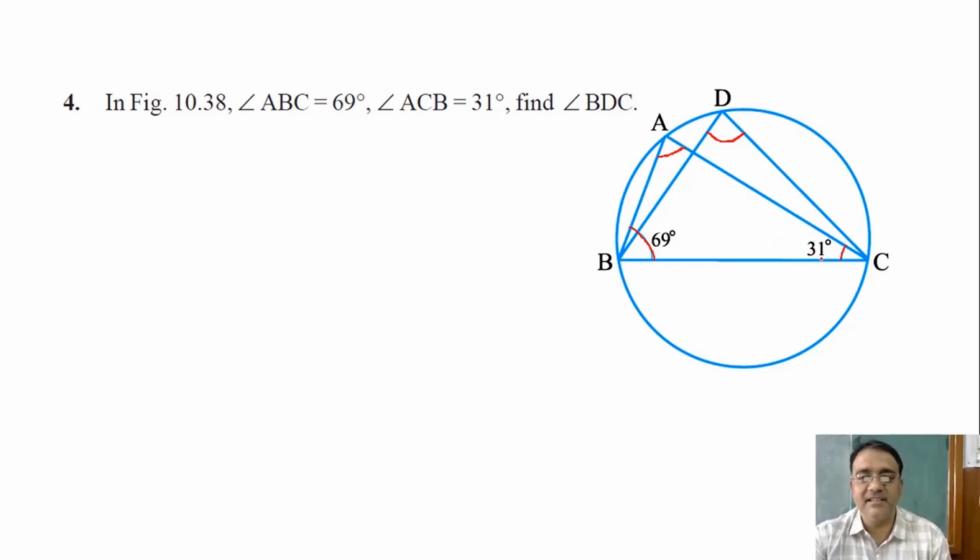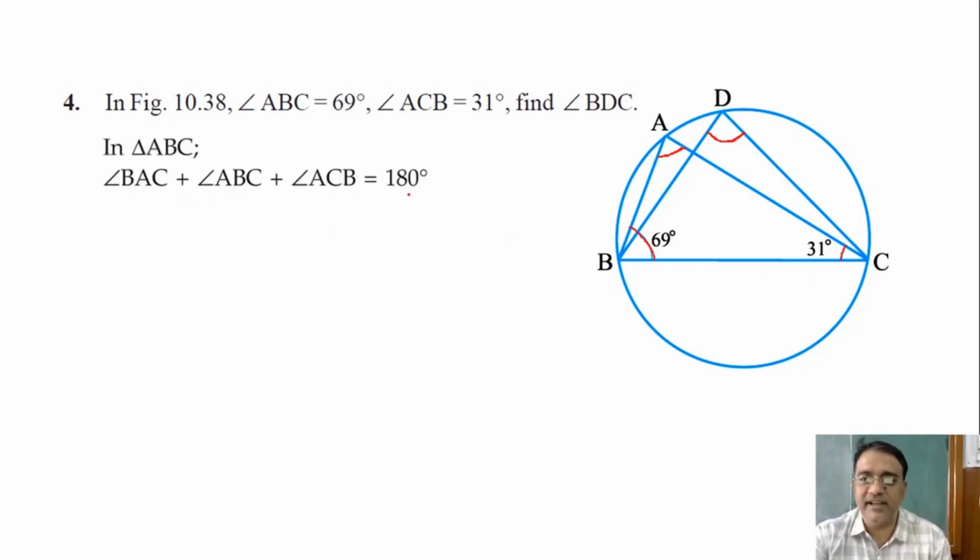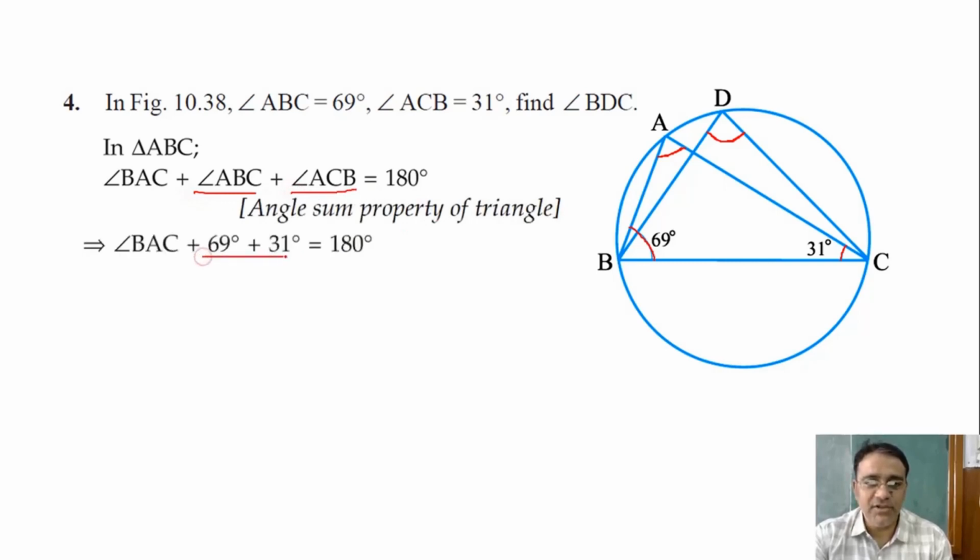Very good. So in triangle ABC, the sum of these three angles is 180 degrees, in which this angle is 69 degrees and this angle is 31 degrees. So we add these two, we get 100.